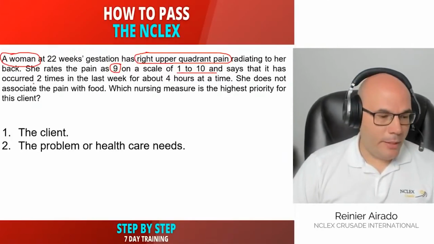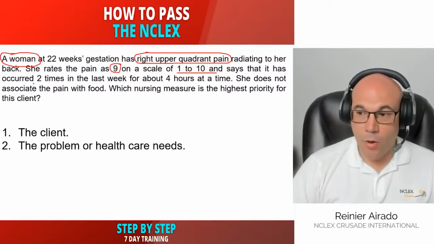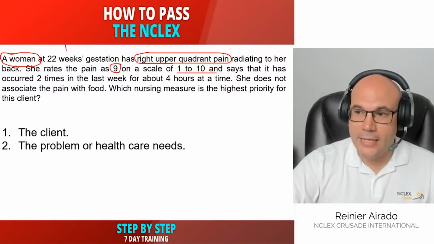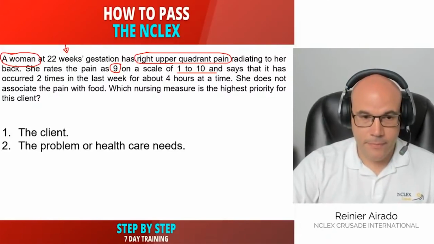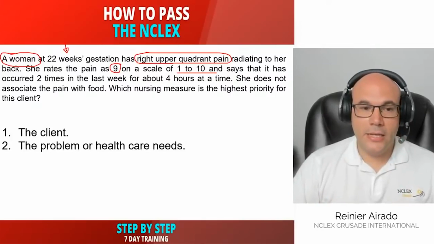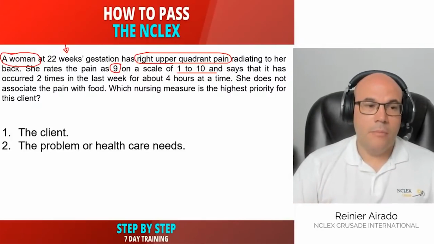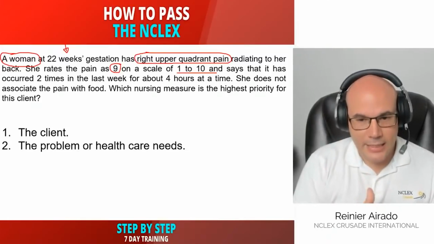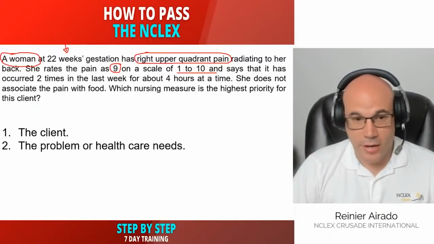So we have determined the patient is a woman, and notice they are giving you more important information: 22 weeks gestation. It's important when they tell you the weeks of gestation, because that way you're going to know if it's in the first trimester, second trimester, or third trimester.